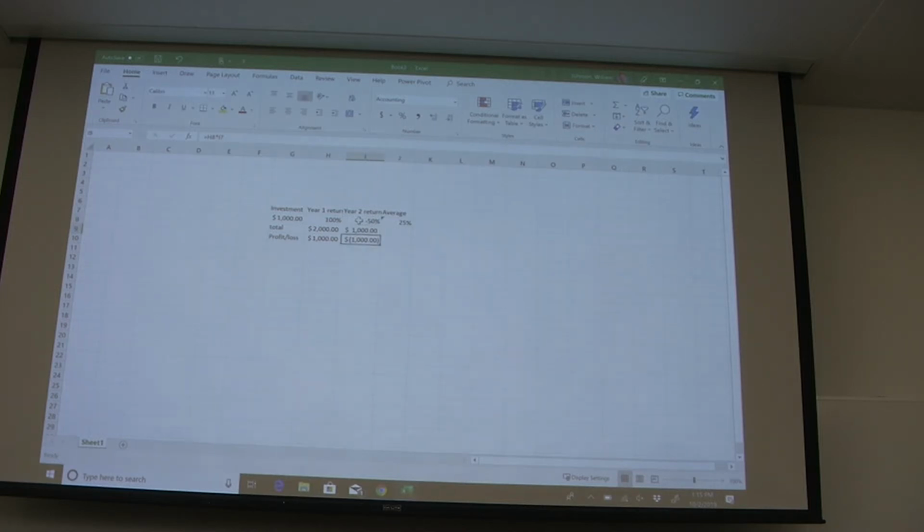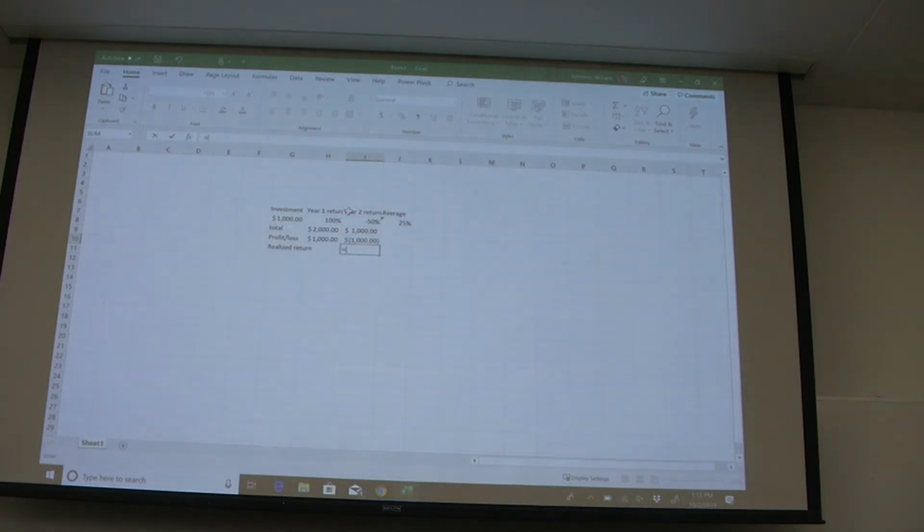What was our actual realized return? So we can do another label, realized return. Our return formula is ending minus beginning, divided by beginning.